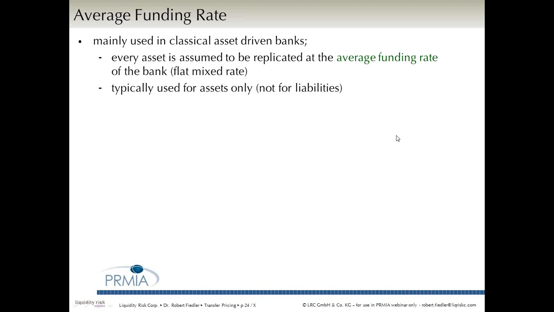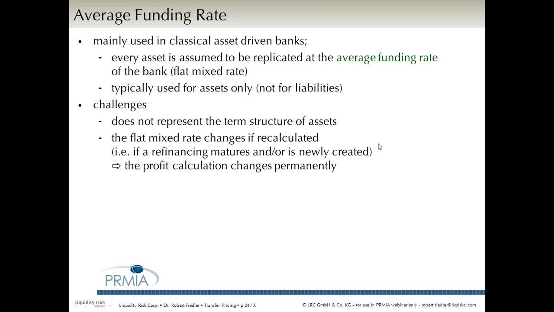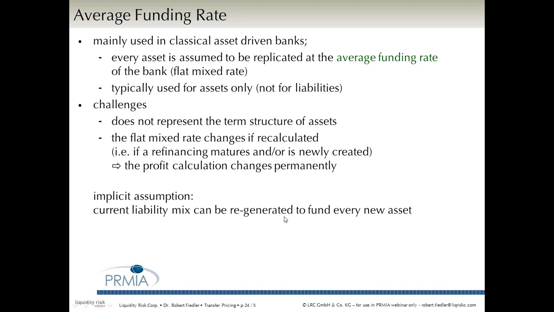And normally you don't use it for liabilities because this does not represent the term structure of the asset. And if it's recalculated, it might change, and then the transfer price might change as well, and the profit calculation might change permanently.